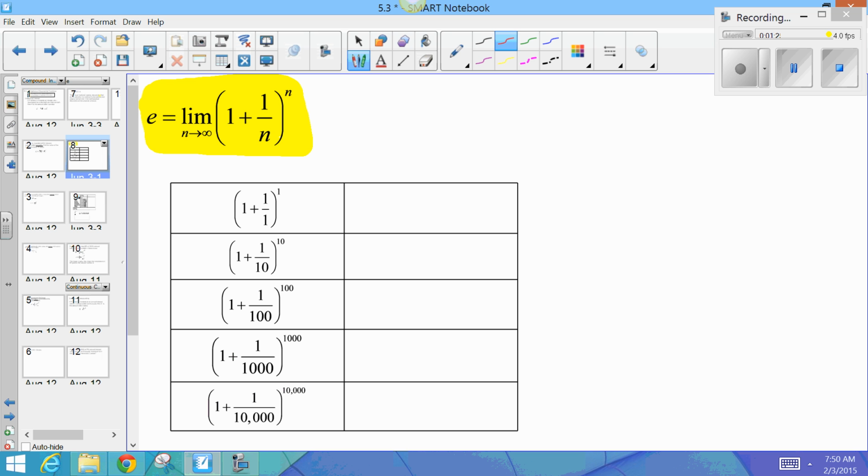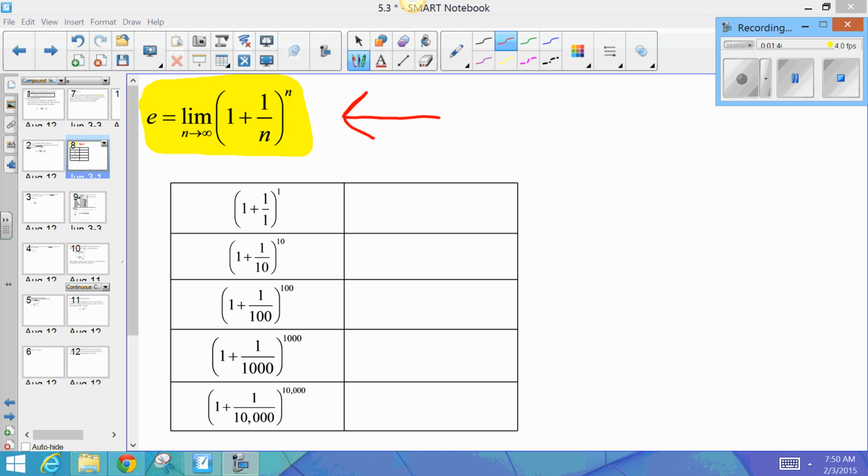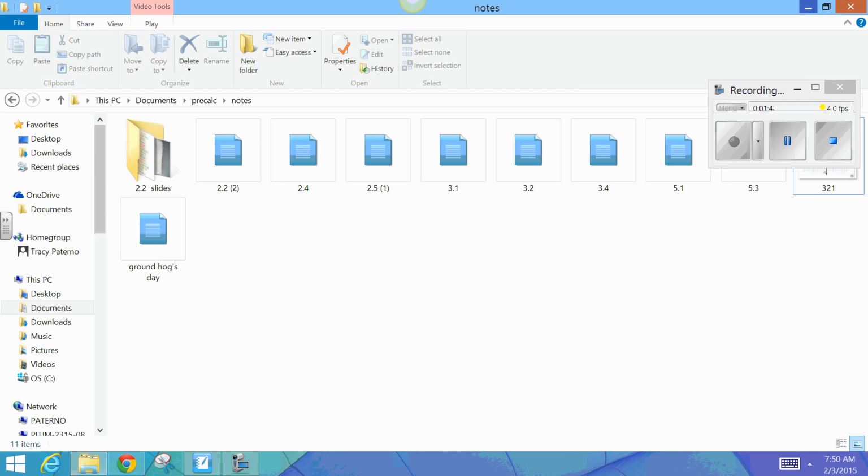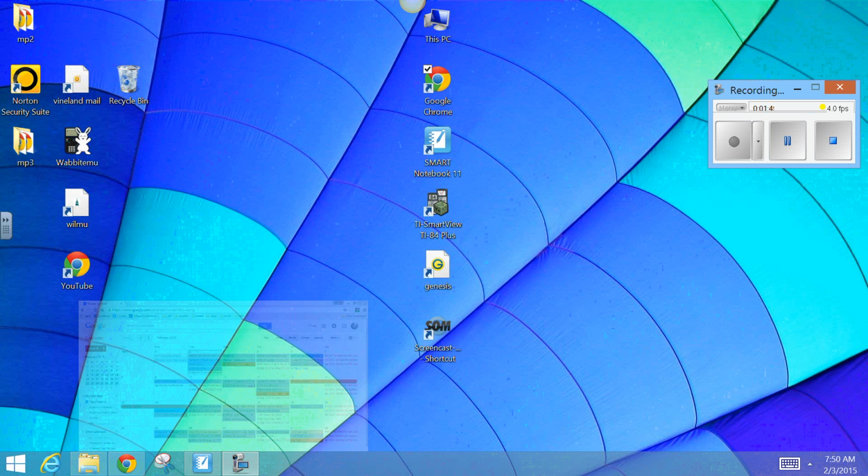So in the left-hand side of this table, what I have is just substituting some numbers into this equation for n. I start out with the first counting number, n equals 1. Let me pull up my calculator.